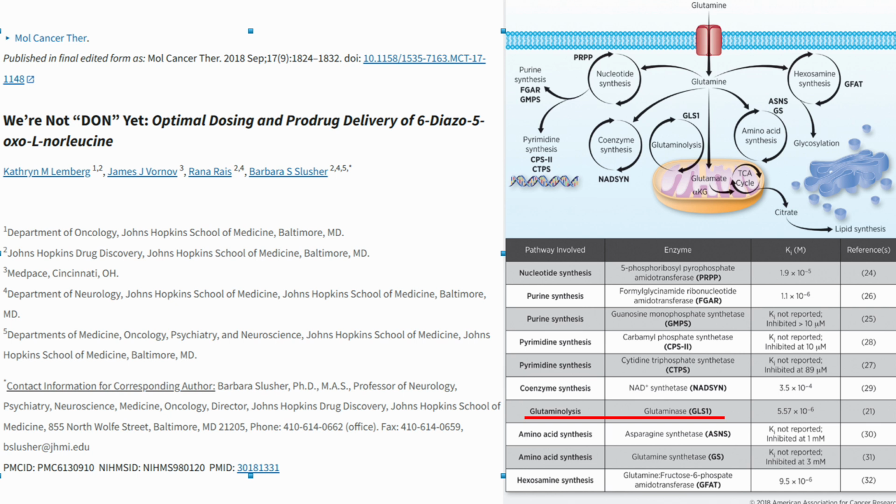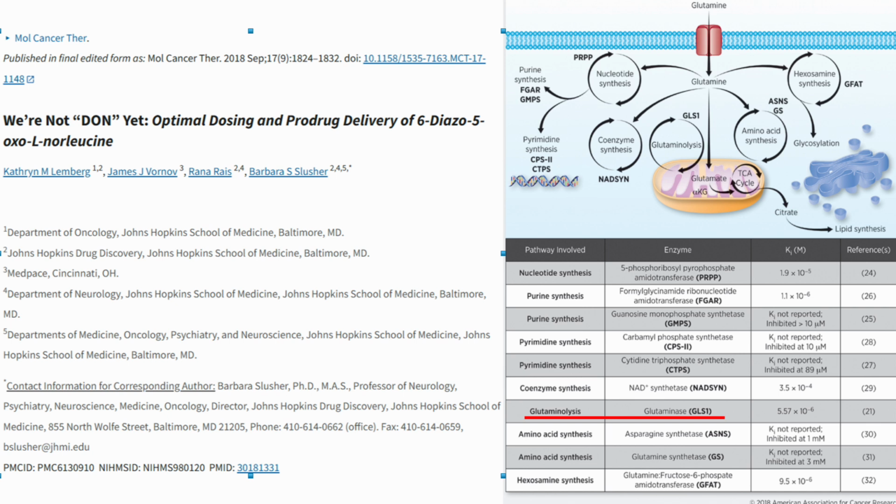And what I'd like to point out from that reference is that DON is a so-called promiscuous drug, because this is just some of the metabolic pathways that it inhibits. But the one which is very relevant, that I have been discussing before, and the one that, of course, Professor Seyfried is very interested in, is the pathway of glutaminolysis, which I have underlined in red.